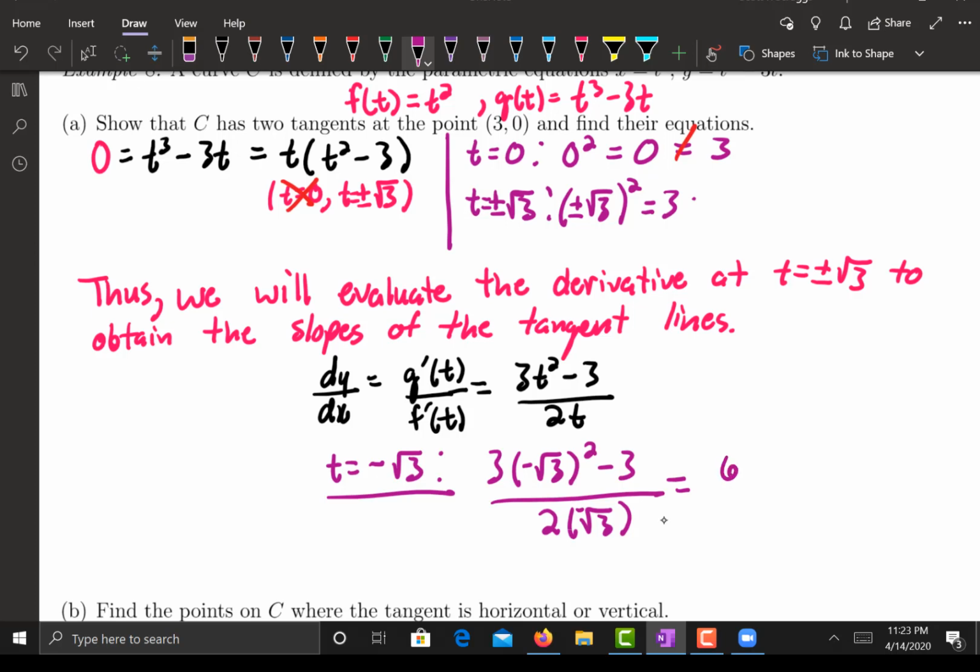Minus 3 will give me 6, divided by 2 times negative square root of 3. After simplifying, I will have 3 over negative square root of 3, which simplifies down to negative square root of 3. So I now have one slope for one of the tangent lines.